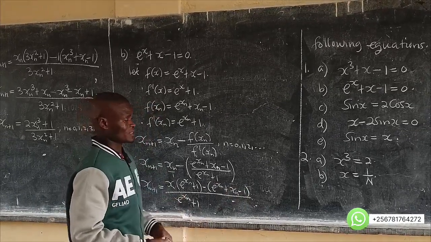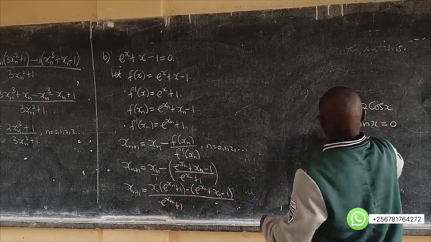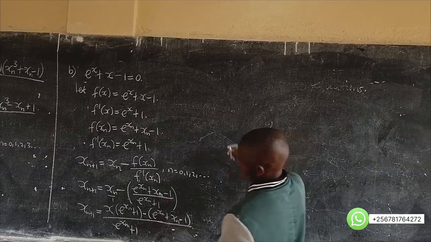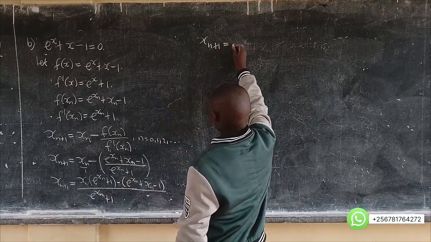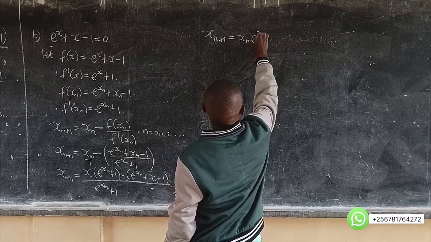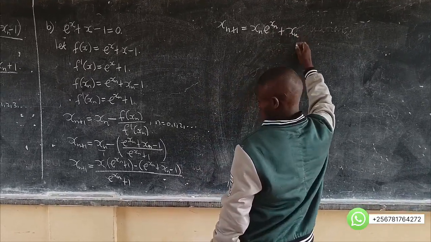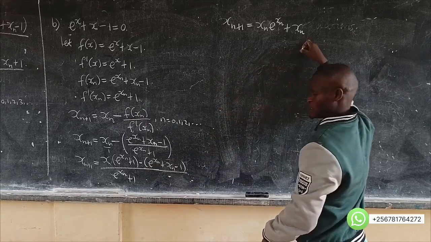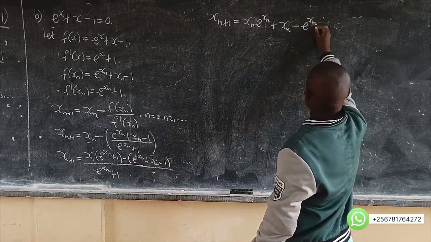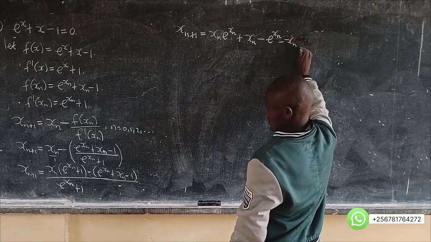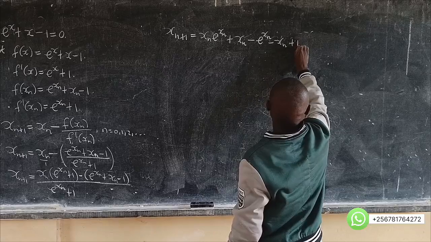So from here we can simplify. So when you simplify, the first term, expand: x_n times exponent of x_n plus x_n. We are trying to now expand this negative, so we're going to have negative exponent of x_n, then minus x_n, negative and negative 1 here, we're going to have plus 1.